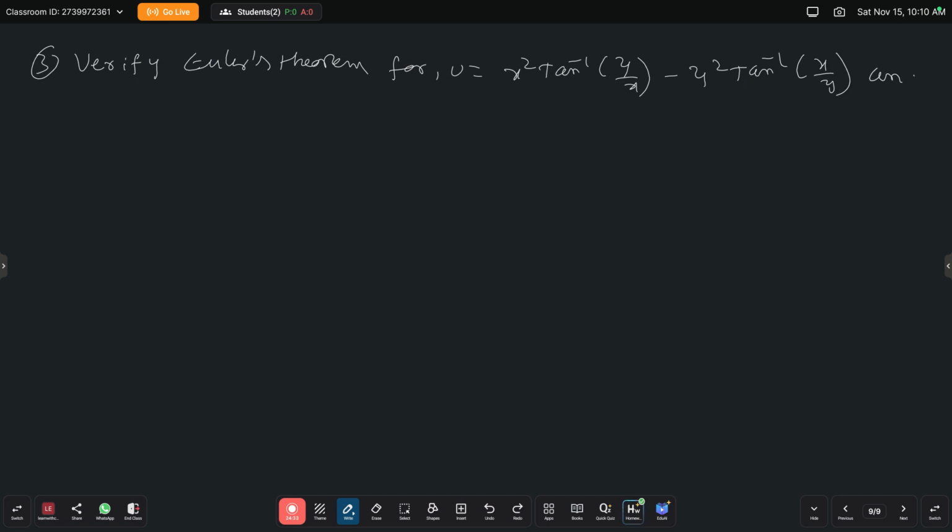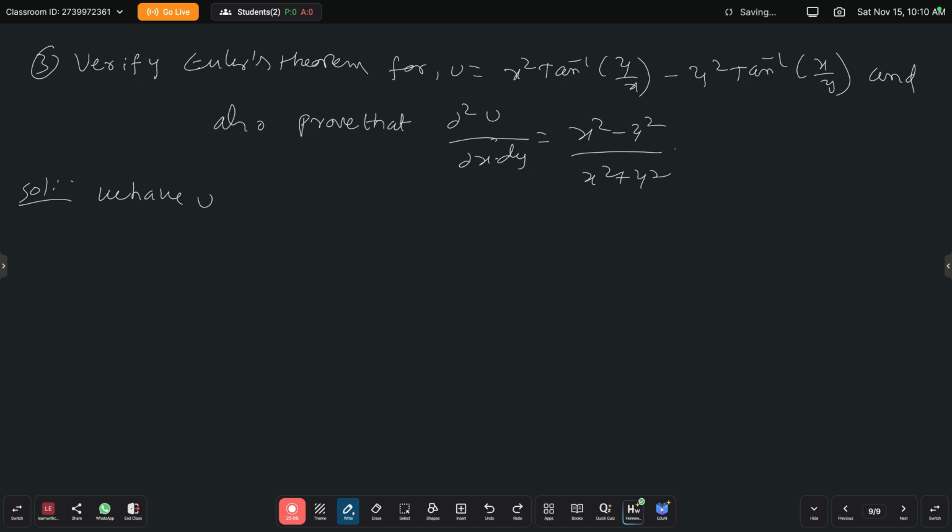And also prove that the second order partial derivative dou square u by dou x dou y equals x square minus y square by x square plus y square. First, we verify Euler's theorem for the given function u, and afterwards we have to prove that. Okay.